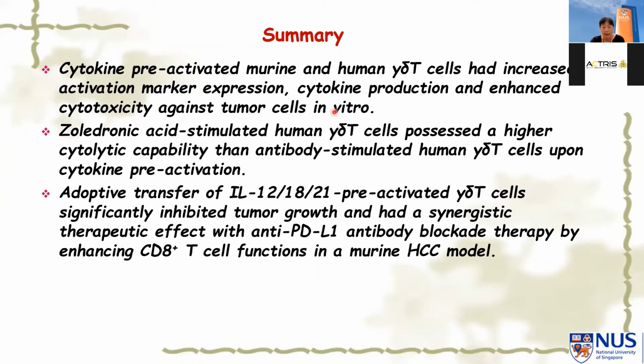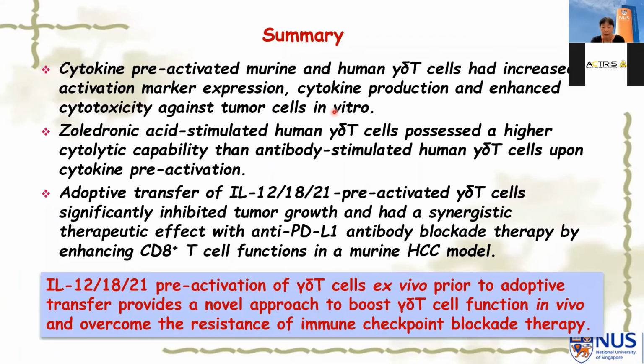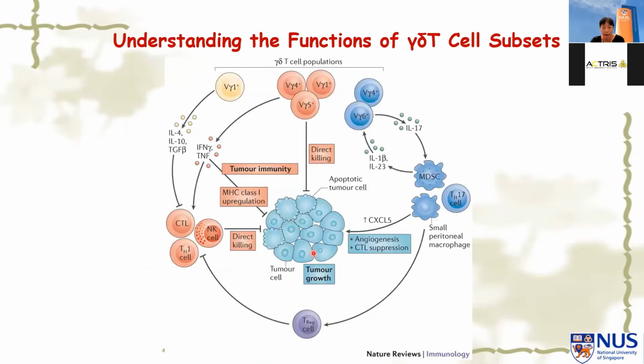And then in our animal model, this combination therapy really enhanced the CD8 T cell function and had a better outcome. So we're thinking this strategy of using this cytokine combination to enhance gamma delta T cell function is probably a promising way to go to boost gamma delta T cell function and overcome the resistance of immune checkpoint blockade.